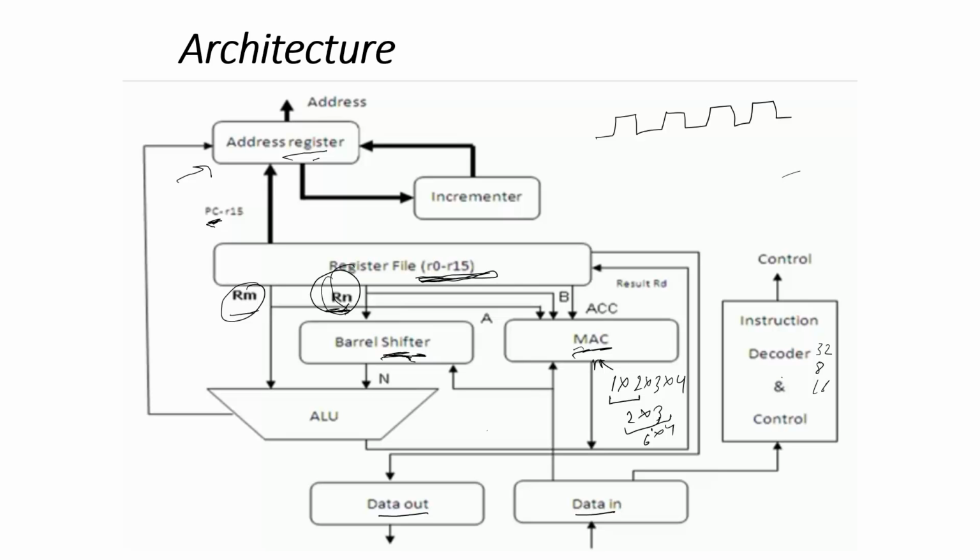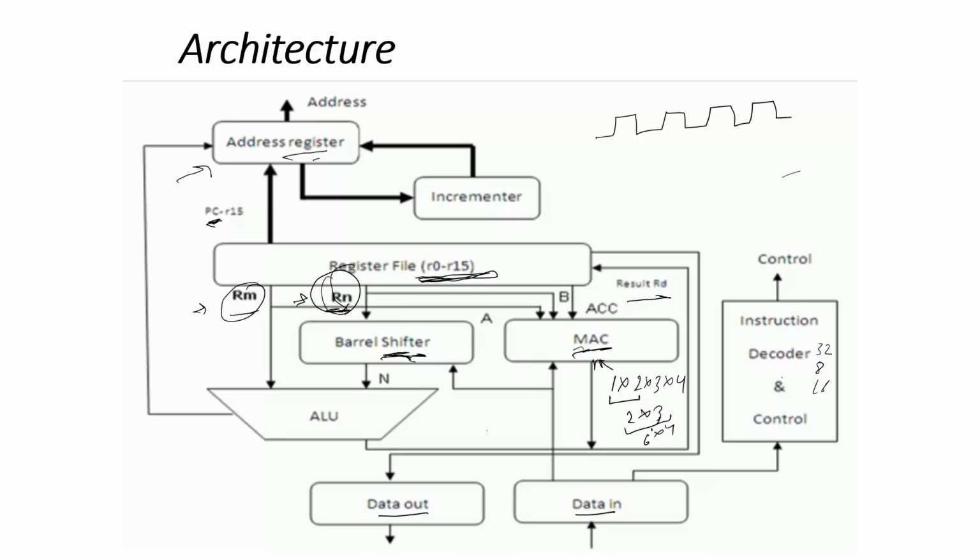So ARM has two source registers, RM and RN, and one destination register which carries the result. The destination register is indicated as RD, and it is one of the registers from R0 to R15.